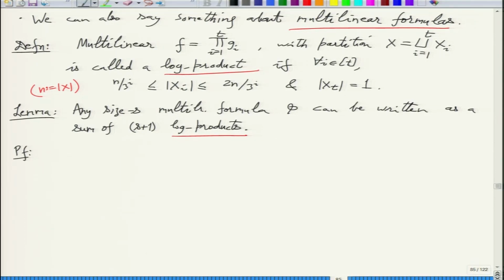Yes, so you identify, so again from the bottom, the variable subset is going to slowly increase, because you start with variable subset singleton and then you reach n. So as you are going up, it has to keep increasing. So at some point you get a node where the variable subset is between n by 3 and 2n by 3.